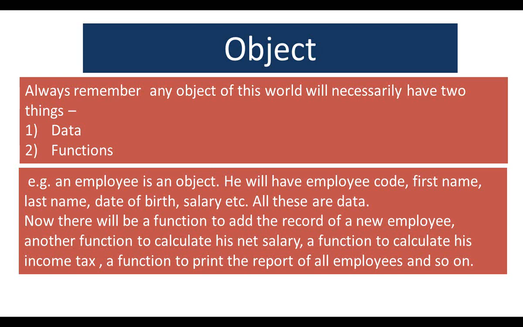Now, there will be a function to add the record of a new employee, another function to calculate his net salary, a function to calculate his income tax, a function to print the report of an employee, all the employees, and so on. Now, all these are functions. So you can easily distinguish between data and functions.